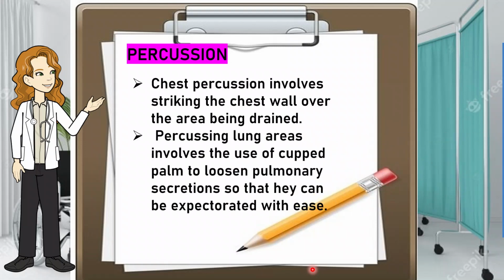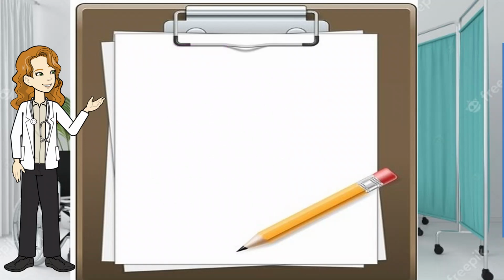And percussing lung areas involves the use of a cupped palm to loosen pulmonary secretions so that they can be expectorated with ease. So we have another video for you to see better how to do this. Okay?